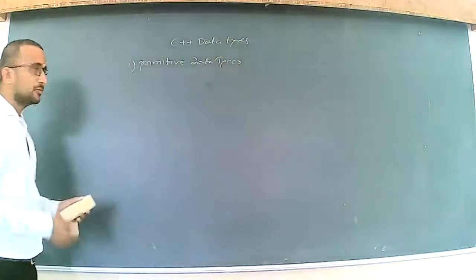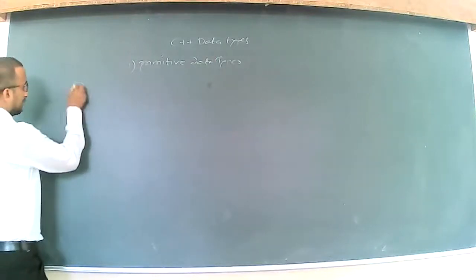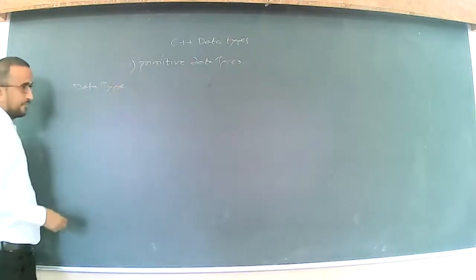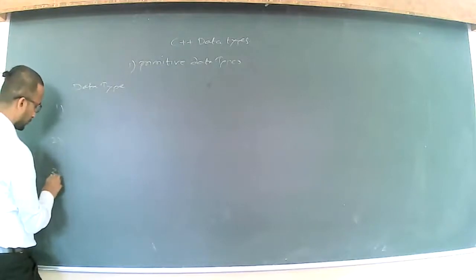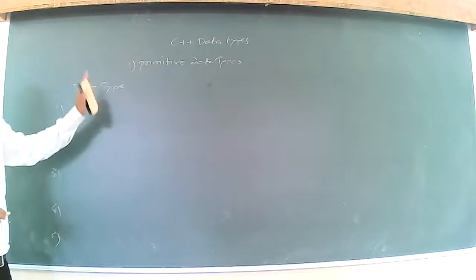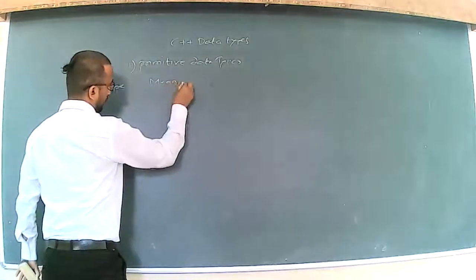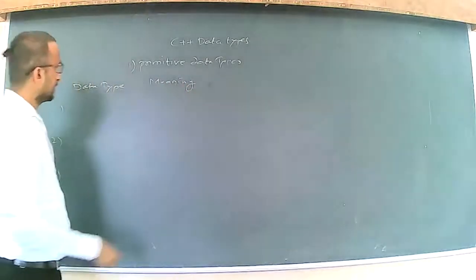So let us try to understand these primitive data types. The first column is the data type; these 5 data types are there. Then we have the meaning.